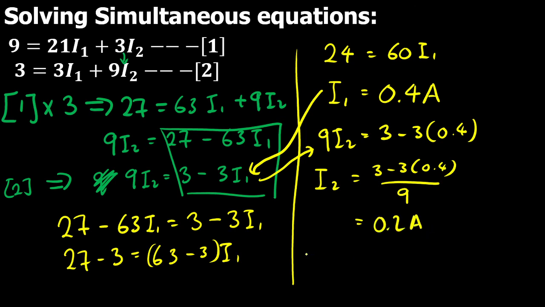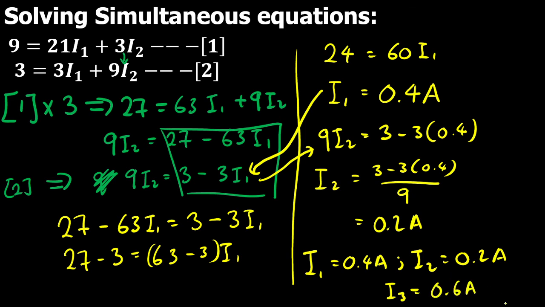So my I1 is equal to 0.4 ampere, and my I2 is equal to 0.2 ampere. Very easily I can deduce, because we're all smart at this point, aren't we, that I3 must be equal to just adding them up, so that's 0.6 ampere.